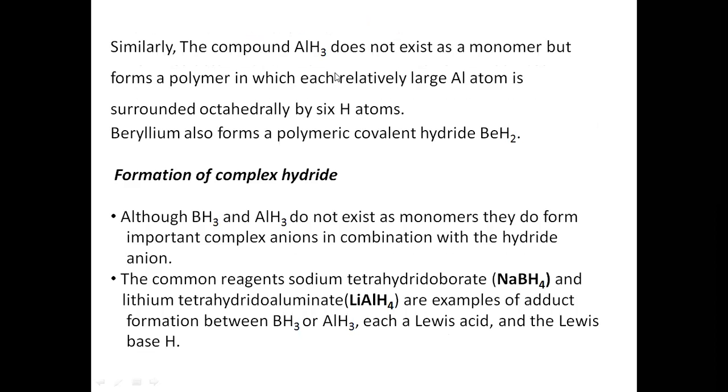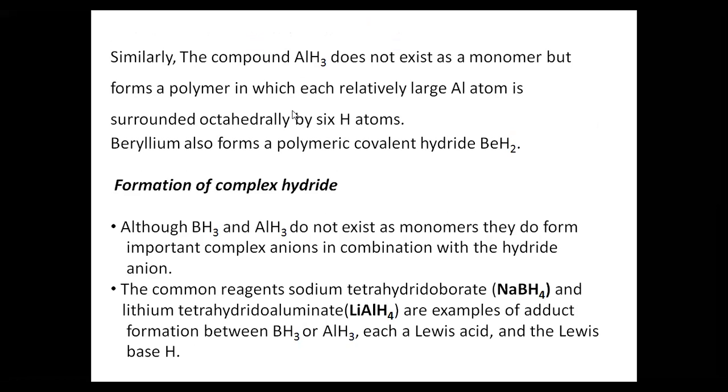Similarly, other compounds: alane, AlH3, is again a very good example of a Lewis acid, but it also does not exist as a monomer. AlH3, another member of this boron family, does not exist as a monomer or dimer. However, it forms a continuous compound called a polymer. What is a polymer? It's a continuous long macromolecule.